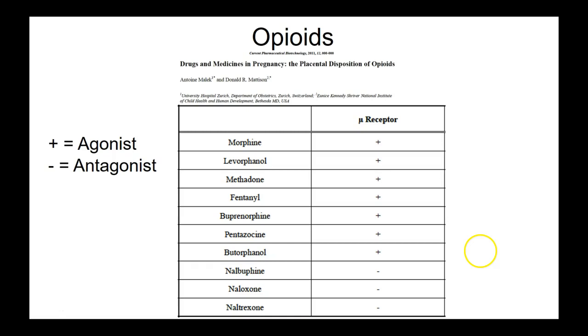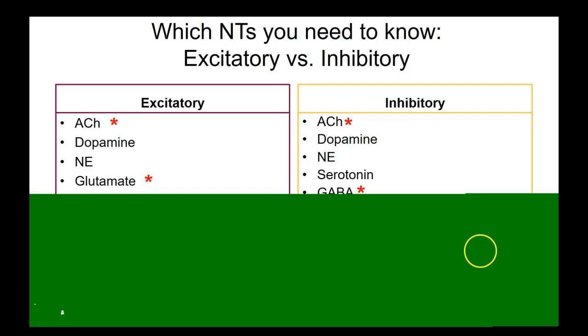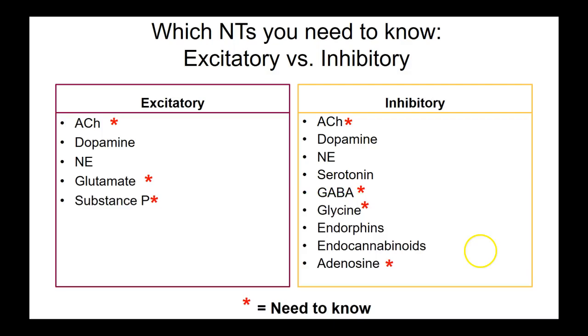I know we're getting towards the end here, but I wanted to show you these tables. You don't have to know all of the drugs that we have. I have a neurotransmitter table up on Blackboard that you need to know. What you need to know is acetylcholine, glutamate, and substance P are excitatory. And acetylcholine, GABA, glycine, adenosine can be inhibitory.